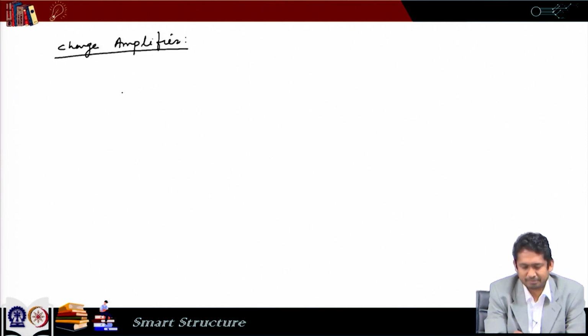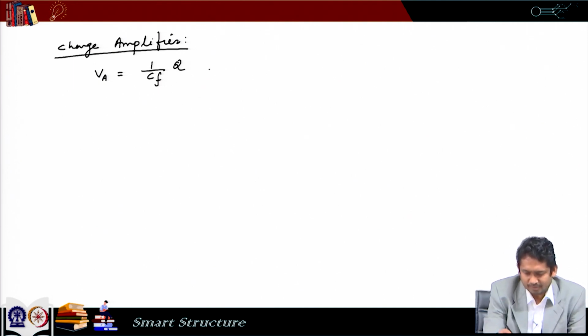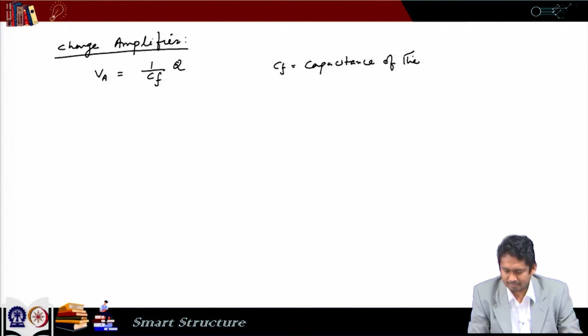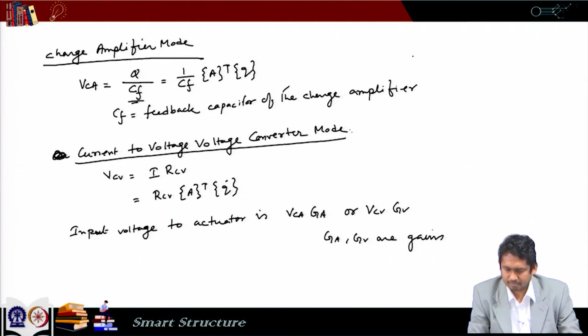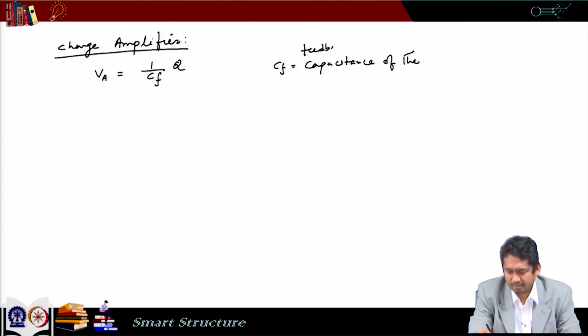The voltage that we get is VA equal to 1 by Cf multiplied by Q, where Cf is the feedback capacitance of the charge amplifier.